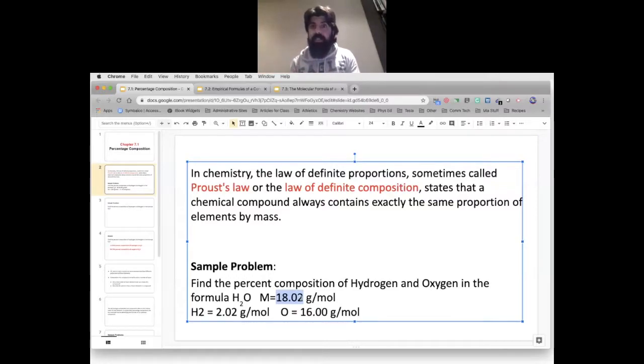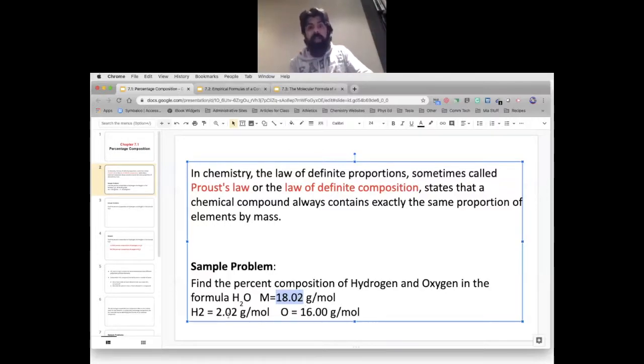So in this case, the overall is the overall molar mass of our compound. The part we got depends on what we are looking at. Are we looking at the hydrogen in this example, or the oxygen? In this case, we're going to be looking at both, but individually.